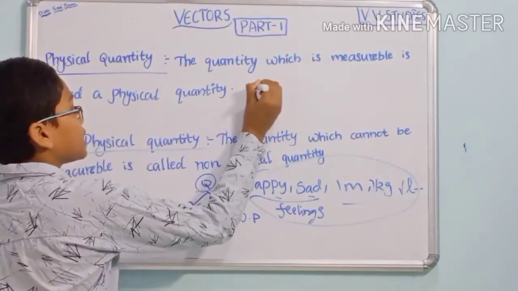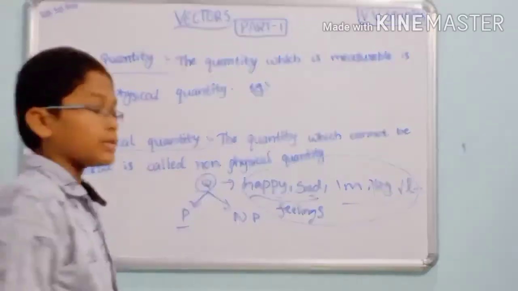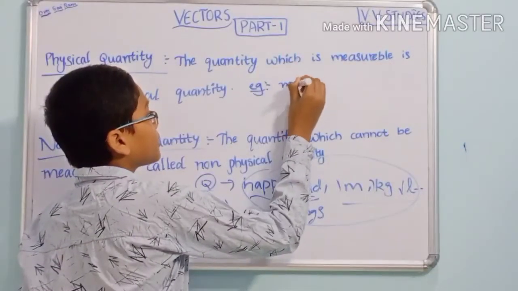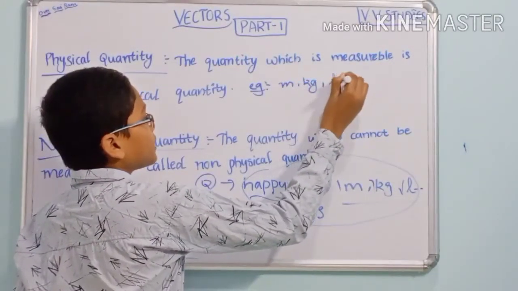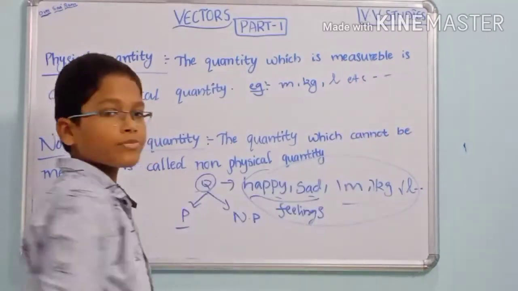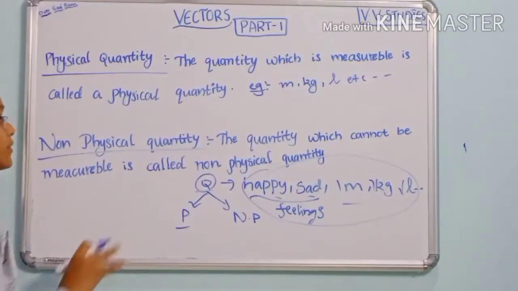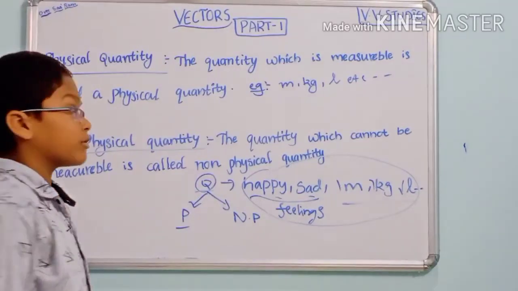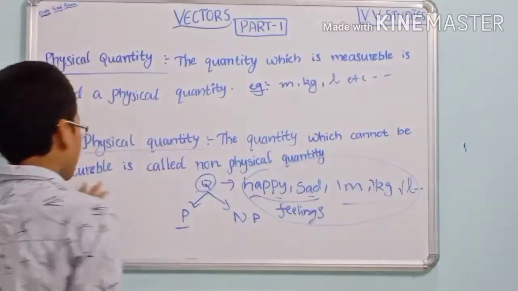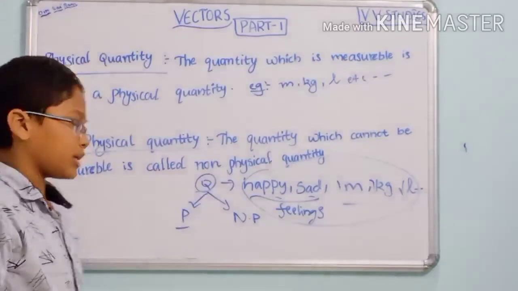Examples of physical quantities are meter, kg, liter, etc. Now, non-physical quantity means the opposite of physical quantity. The quantity which cannot be measured is called a non-physical quantity.